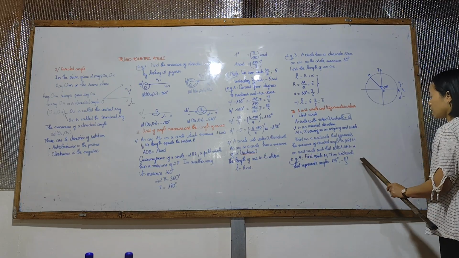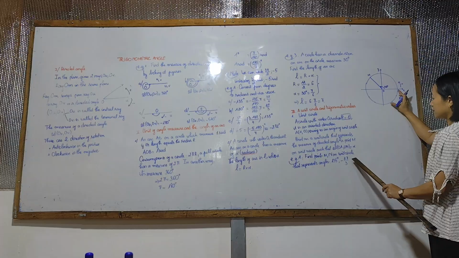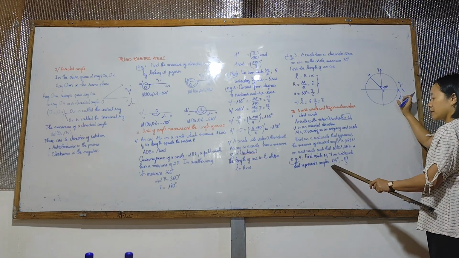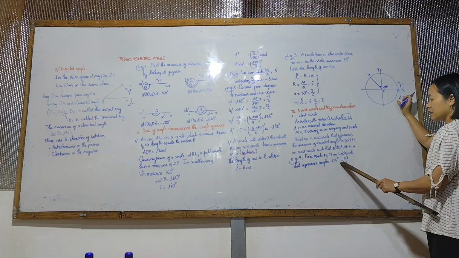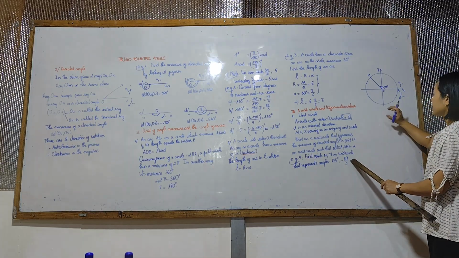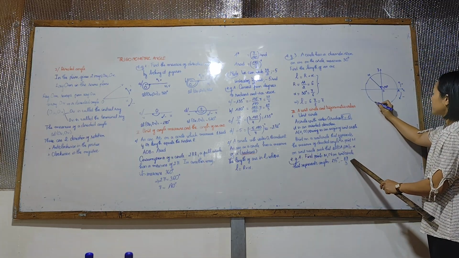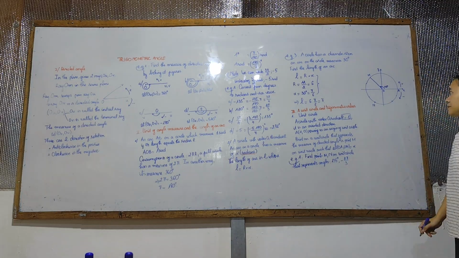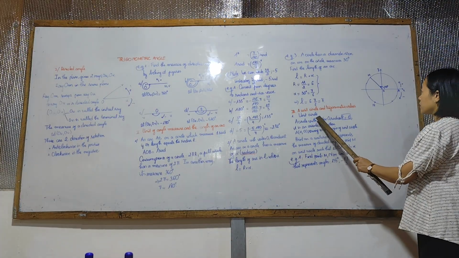If we convert to degrees, we have negative 120 degrees. So we have this. Okay. This is the position of point N on the unit circle.